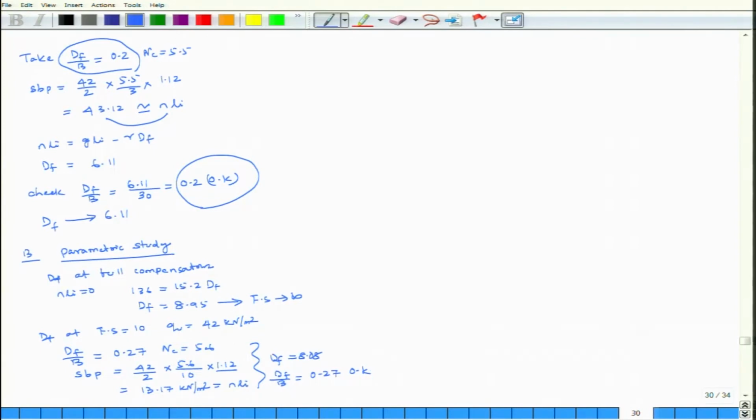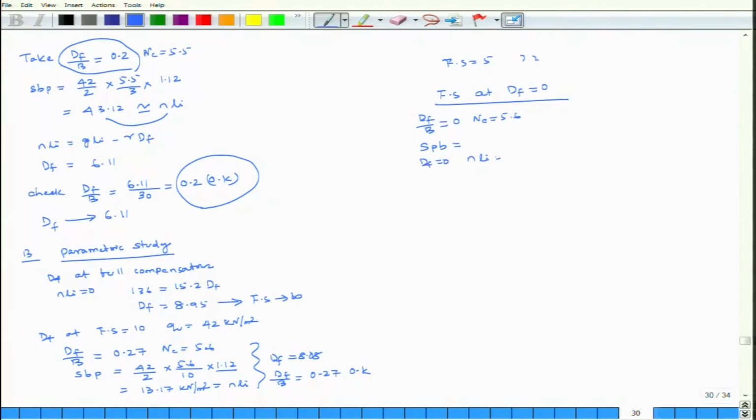Similarly, you can find the depth considering factor of safety is equal to 5. Then factor of safety at df is equal to 0. In this case df by B is equal to 0, Nc is equal to 5.6. From there you can calculate SBP, and df is equal to 0.